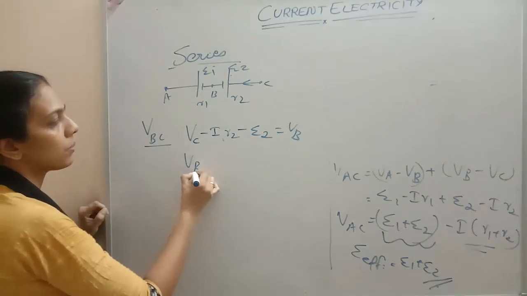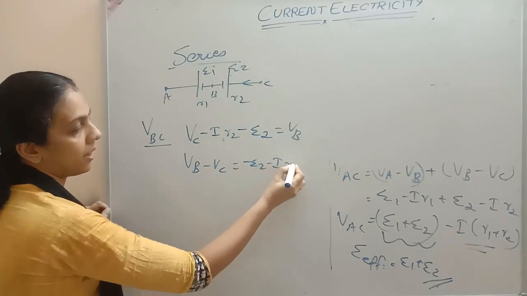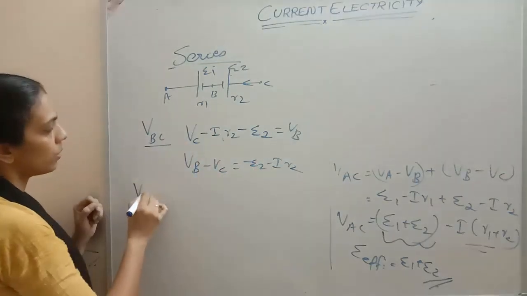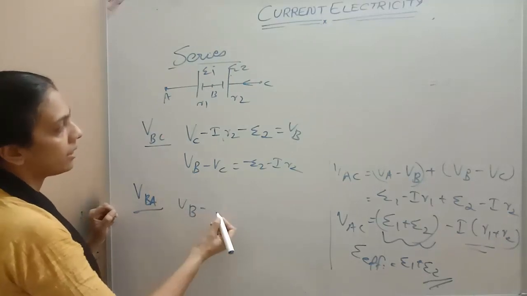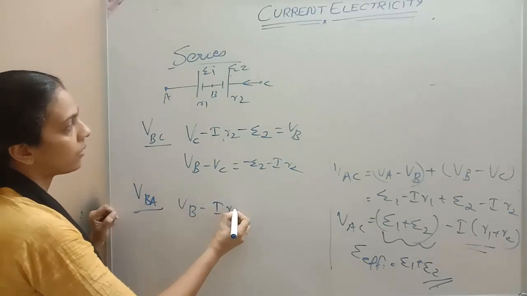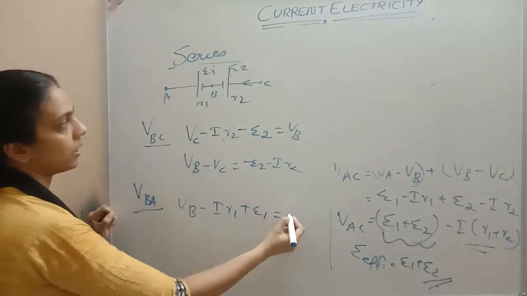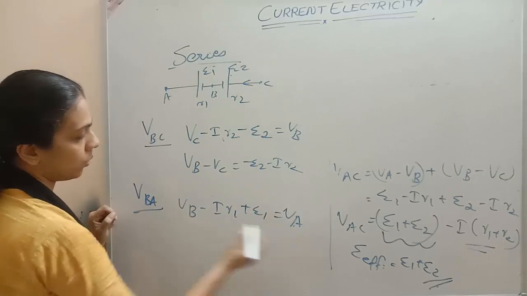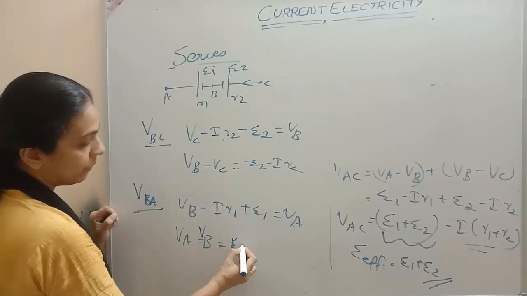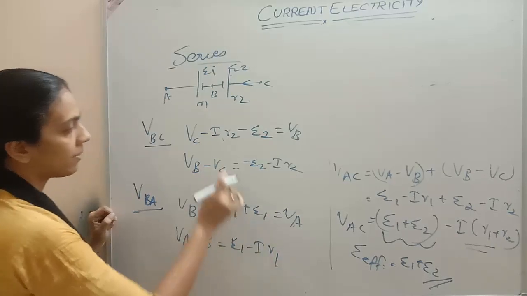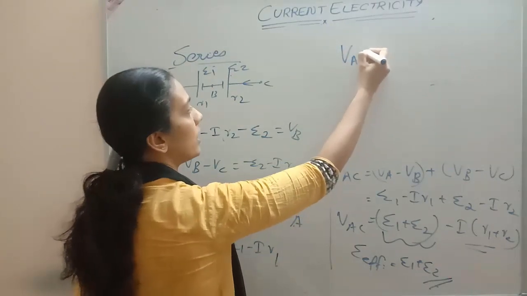What is VB minus VC then? It is equal to minus E2 minus IR2. Tell me what will be VA, that is VB minus IR1 plus E1. It is going to higher potential, so it will be equal to VA. So VA minus VB will be equal to E1 minus IR1. Considering these two, what is the potential difference between VA and VC?